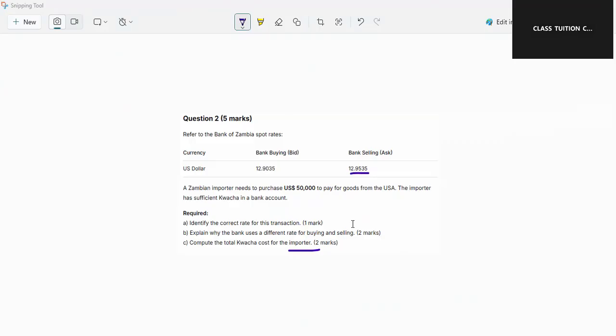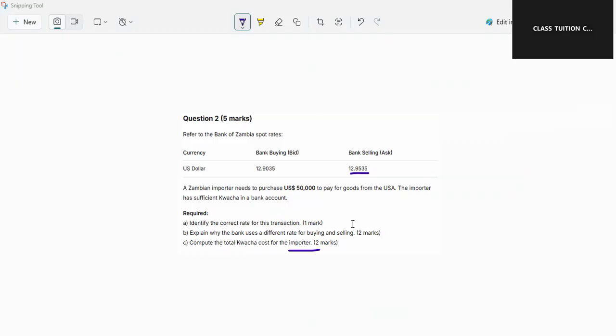So why different rates for buying and selling? Why do banks use different rates? Because it's from the difference that the bank makes its profit or commission. We call it the spread.